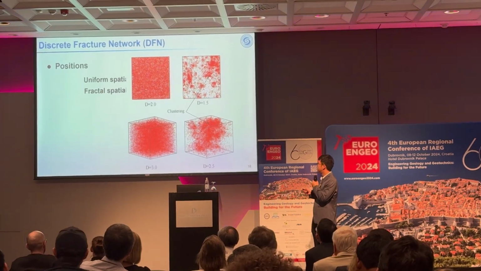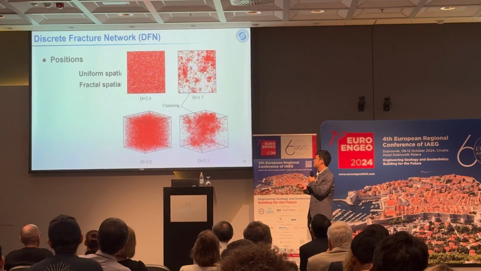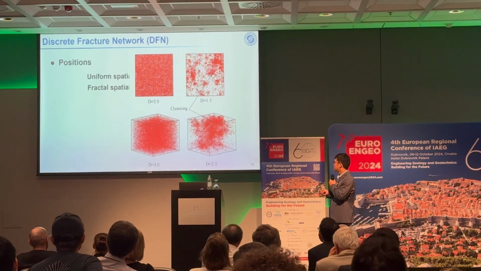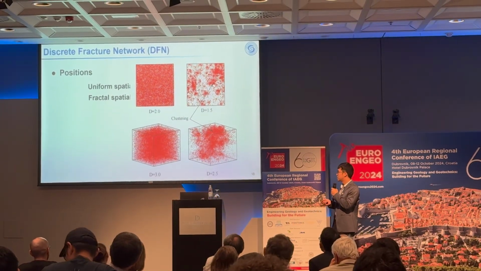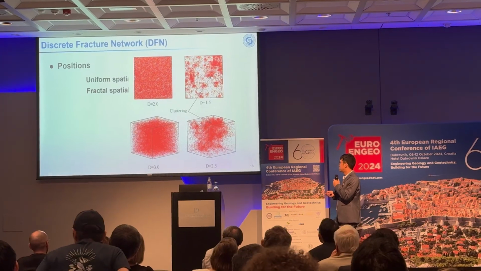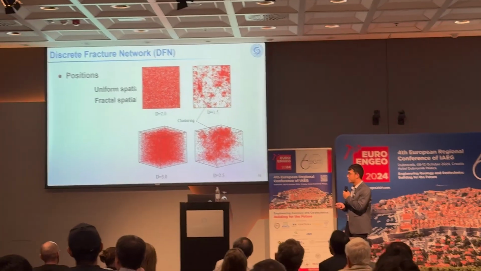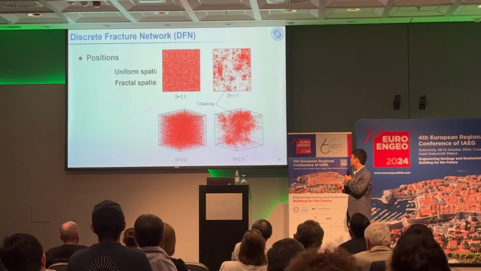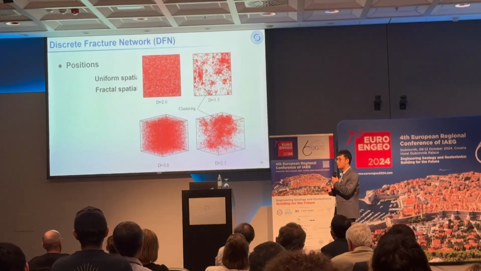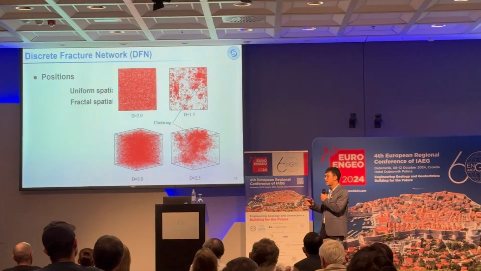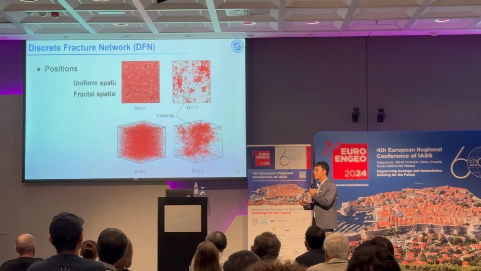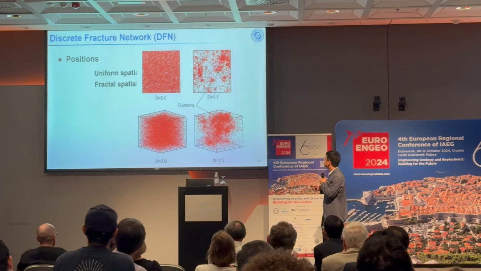If it's smaller than 2, there will be clustering effects. Same thing in 3D: if the fractal dimension is 3, it's uniformly distributed; if it's smaller than 3, there will be clustering effects. From outcrop observations, we found that clustering effects are very commonly observed in reality. So fractures tend to cluster together, not just be uniformly distributed.